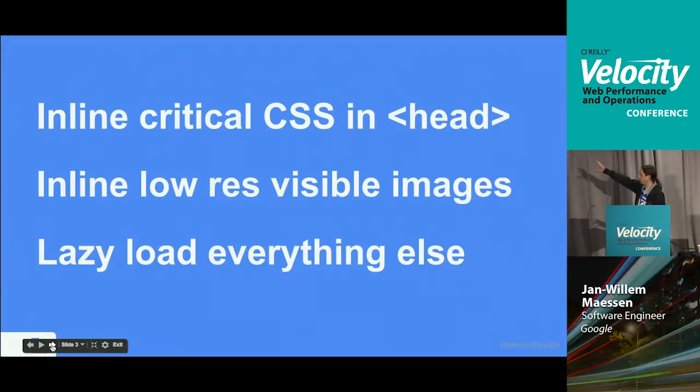Second of all, to get pages to render more quickly on mobile devices, it's useful to inline low-res images that are going to be visible on that first page view. And finally, once you've done those two, we want to lazy load everything else so that it doesn't block the rendering of the stuff that's immediately going to be visible to the visitor to your page.